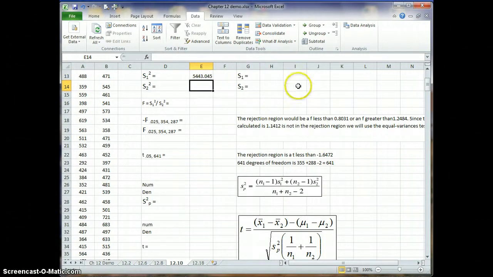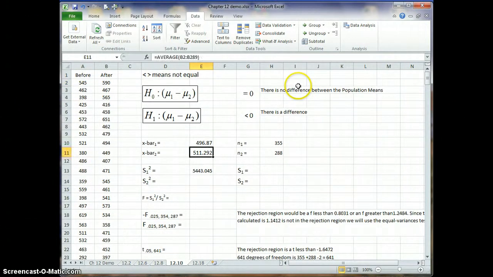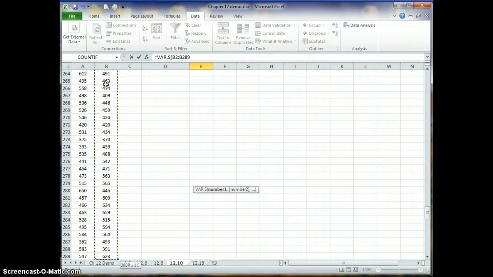And we're going to do the same thing over here with sample 2. For sample 2 we're going to calculate the variance. Hold down shift, N down, close the parentheses, hit enter.